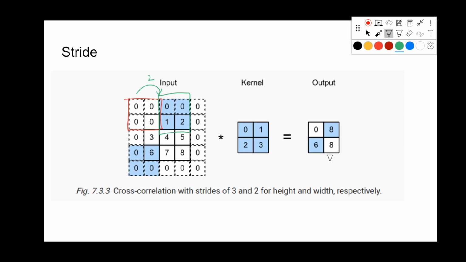This is called stride. By using a stride, we reduce the resolution, since we move 2 pixels each time, so the output will be 1/2 of the resolution in both the width and the height. So the feature map will be reduced by 1/4.